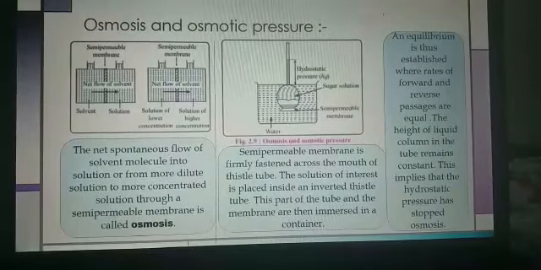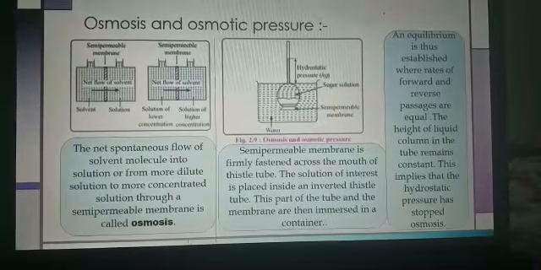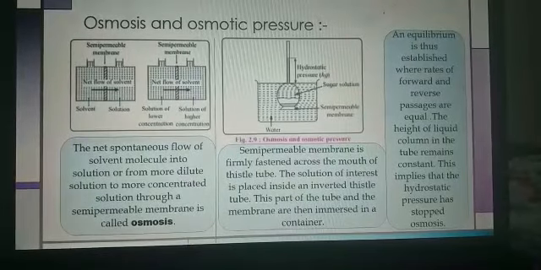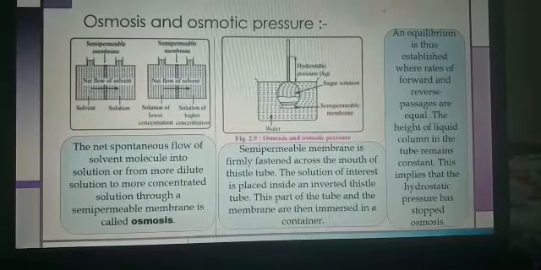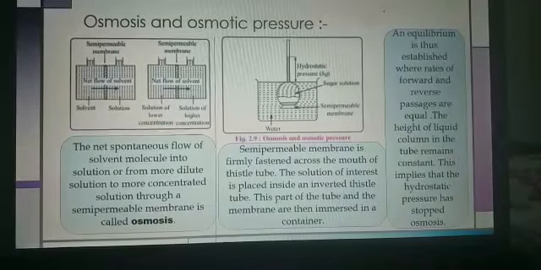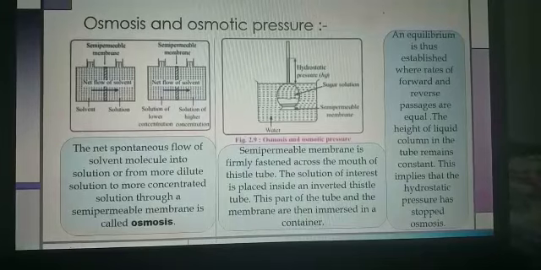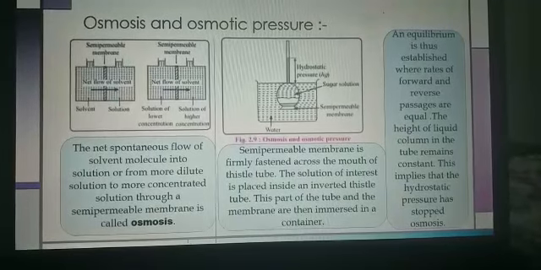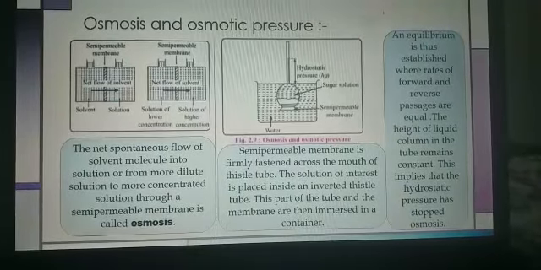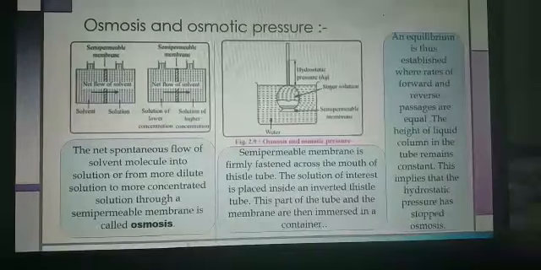The amount of liquid on the pure solvent side, or the more dilute solution side, decreases, and the amount of liquid on the other side increases, and in total there is a decrease in the concentration of the solution. So this method is also useful for decreasing the concentration of a solution.